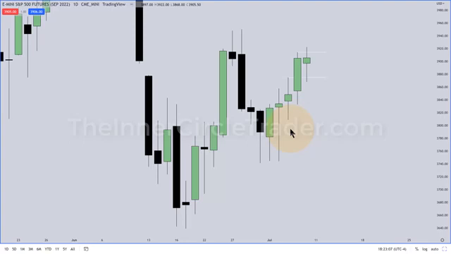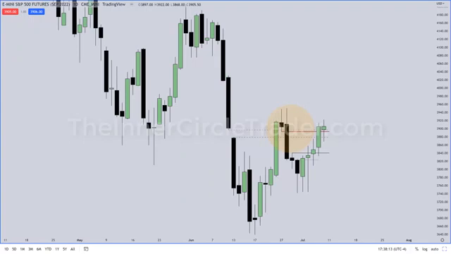I want to be in the market that does what? Shows its unwillingness even on the lower time frames to go lower. Because what I'm doing is I'm getting the cream of the crop. I'm getting the best of the best of the best. Understand? So, let's drop down lower with more levels here.